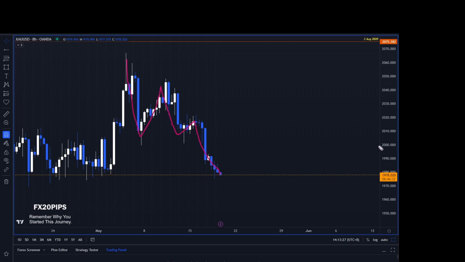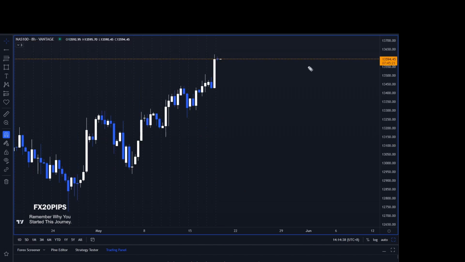It broke the 2000 level, and I'm just waiting for a better price to buy up. I think any price below 2000 is a good price. But after yesterday's bearish candle, I'm just waiting for the change in direction to bullish. So briefly, that is on gold.